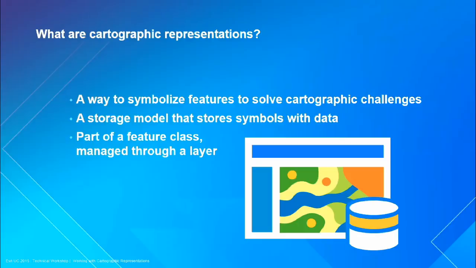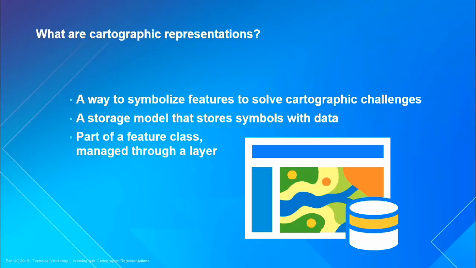So we're really interested in the display of features at a specific scale. A lot of this is meant for mapping for hard copy output, not entirely, but that's really the focus of representations. What's different about representations from other symbols, just the standard symbols in ArcMap, is that they're also a storage model.